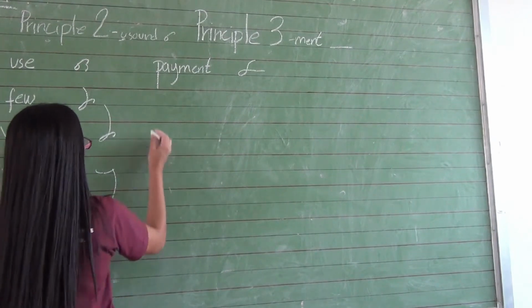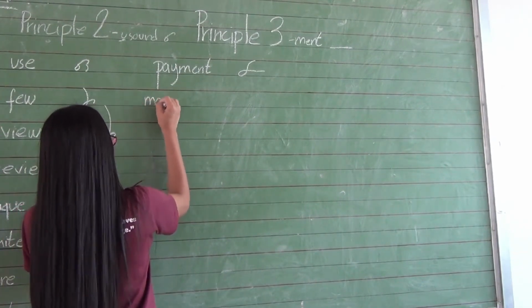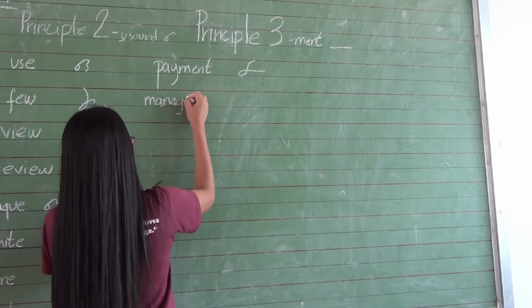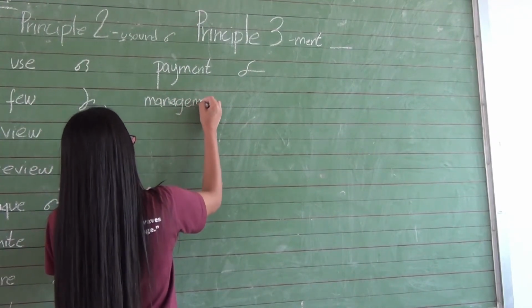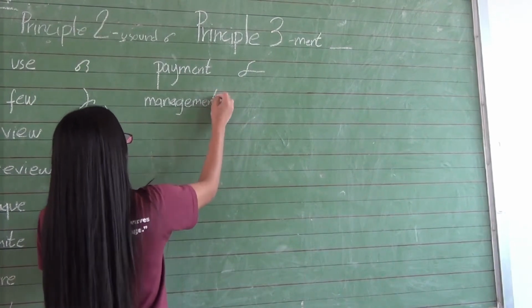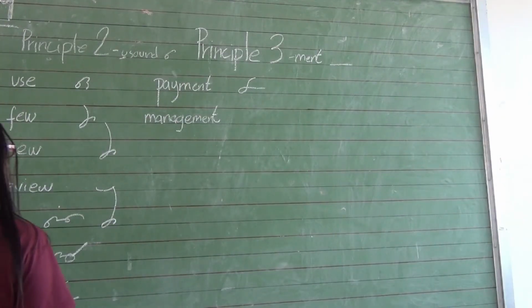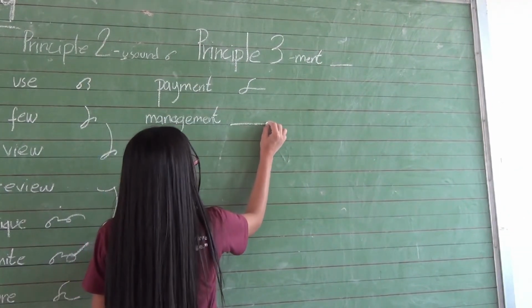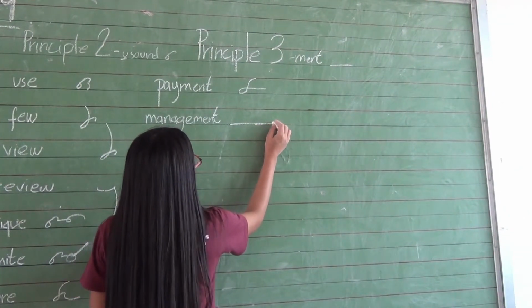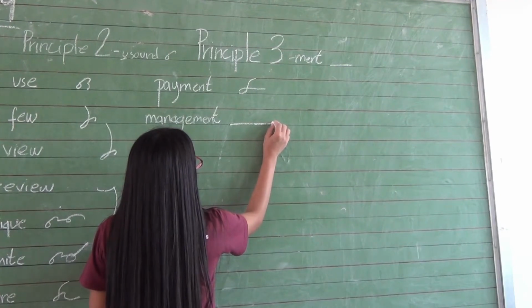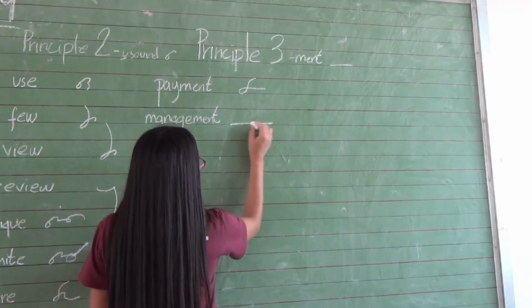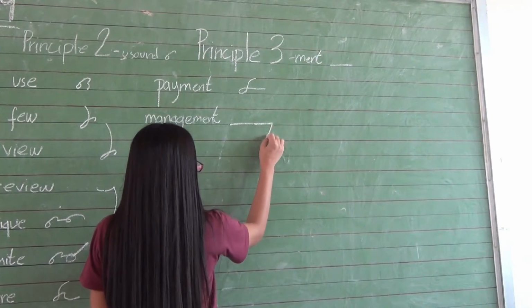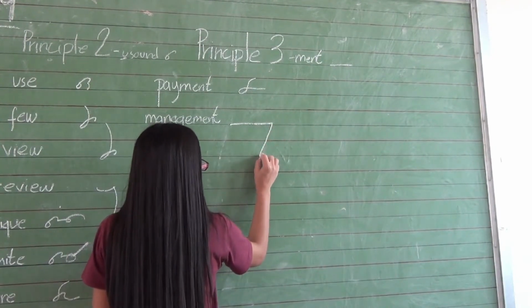Next, management. It is represented by M stroke, N into one long forward stroke, J stroke, and M stroke.